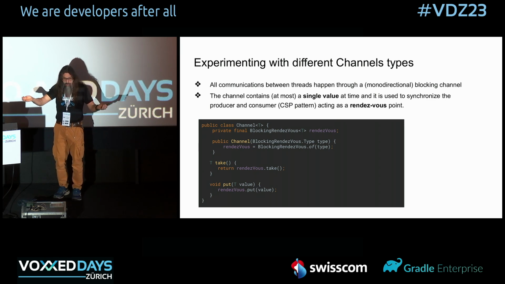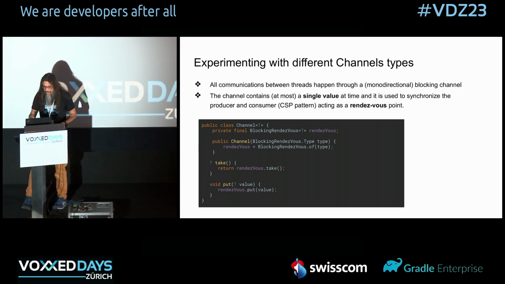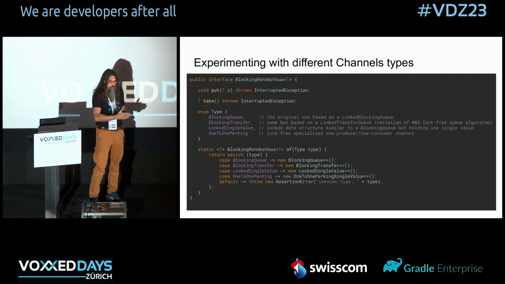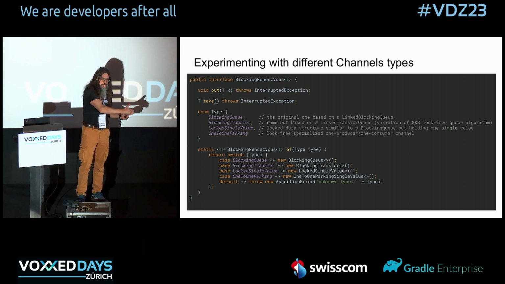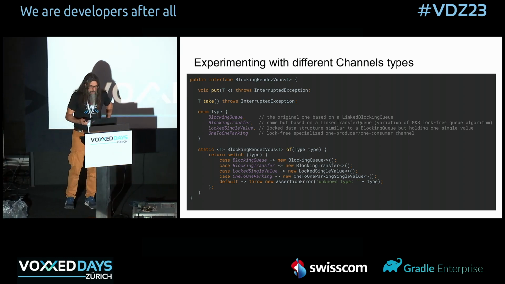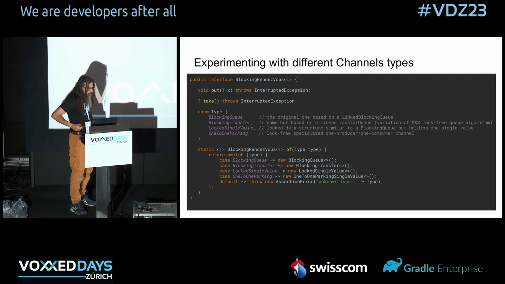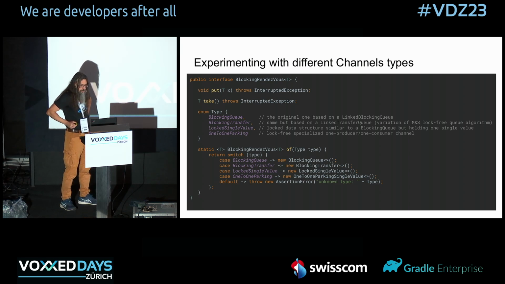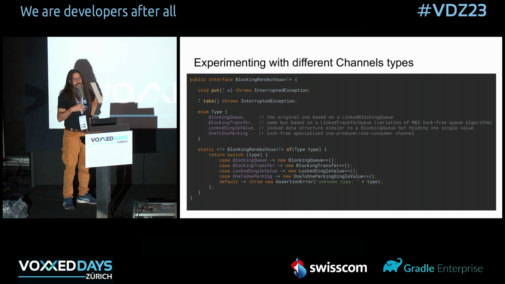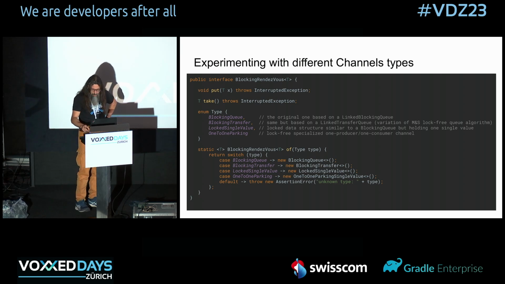So I created an abstraction that I called blocking rendezvous, and I created 4 different implementations of it. One is backed by the blocking queue, and another is backed by a non-blocking data structure available on the JVM called the blocking transfer queue, which is a little better because, well, it's blocking, but it uses a lock-free algorithm.